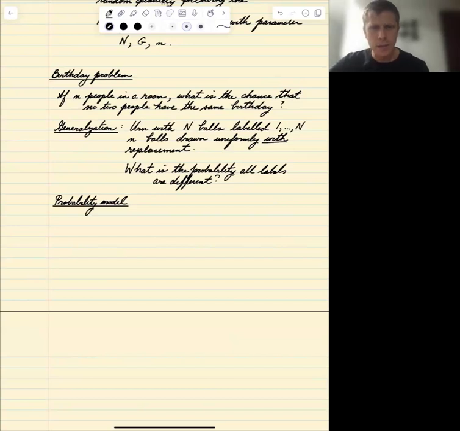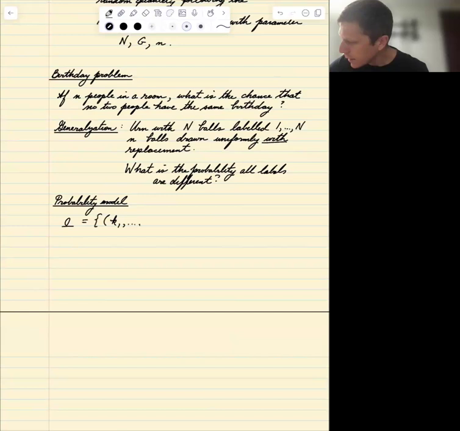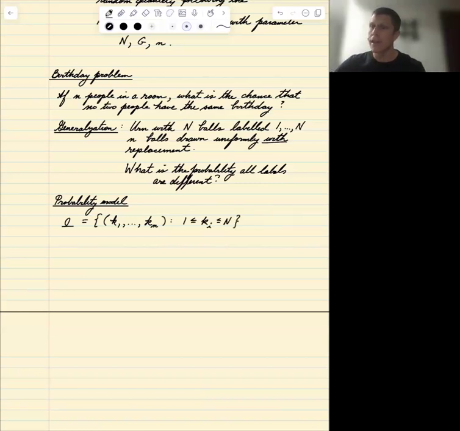Well, what are the possible outcomes? Omega, the sample space. We're picking little n balls. Each one is a number between 1 and capital N. There's no restriction on them not being equal, like there was in the case of drawing without replacement.